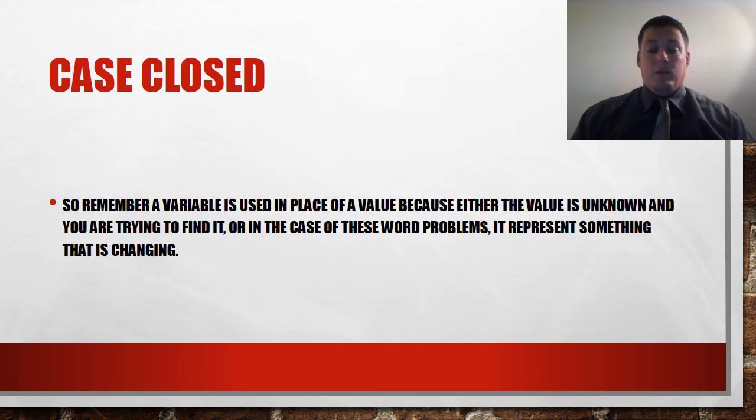So remember, a variable is used in place of a value because either the value is unknown, or you are trying to find it, or in the case of these word problems, it represents something that could be changing. So variables can be very useful, and this is just getting our feet wet, getting used to these variables.